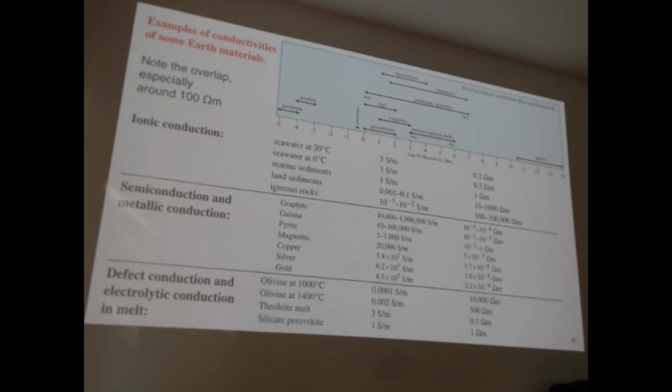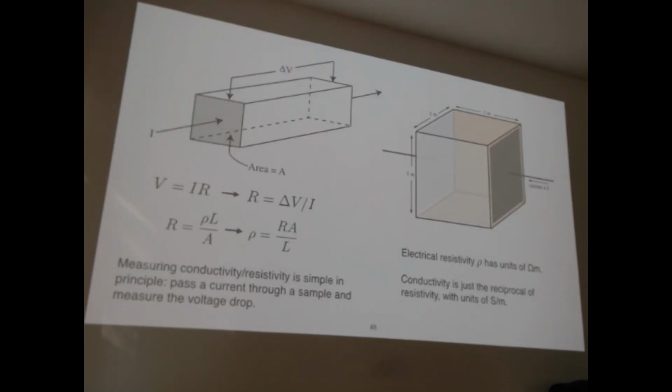And that's when you get down to mantle, and also molten rock. Basaltic melt is about as conductive as seawater. That's an easy thing to remember. I've got a volcano in Hawaii spewing magma. That magma conductivity is about the same as seawater.